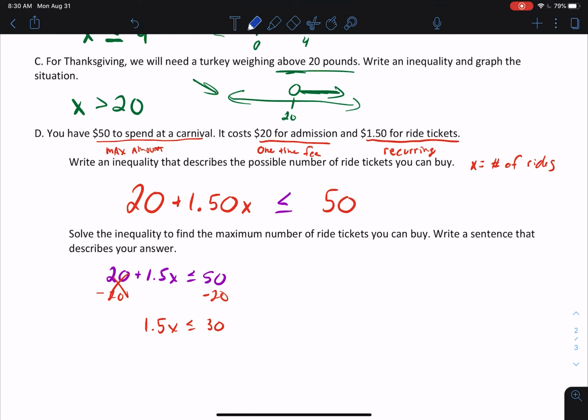Divide both sides by 1.5. And then that will give me 20. So x is less than or equal to 20. So write a sentence that describes your answer with a $50 budget.